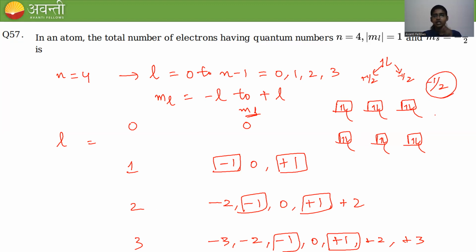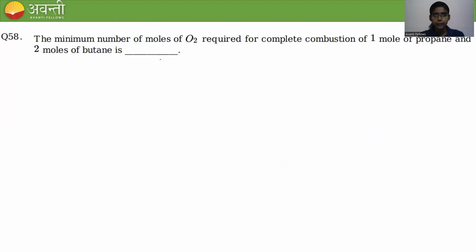Totally 6 electrons for the given quantum numbers, modulus of ml equal to 1, and s equal to minus half. So the answer is 6 electrons. Got it? Now let's go for the next question.